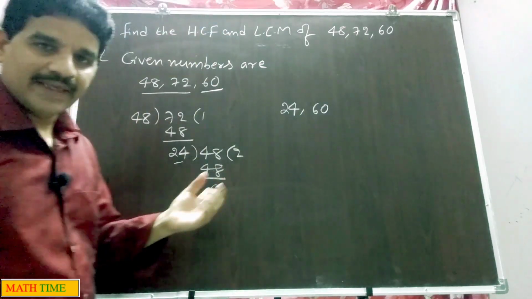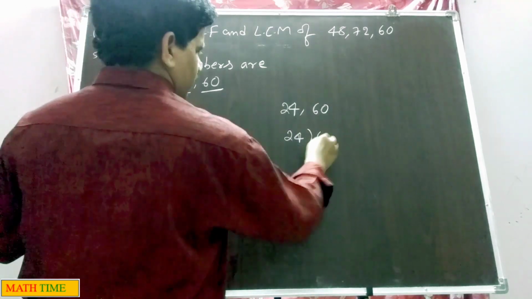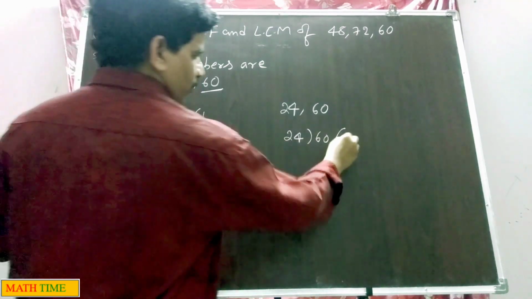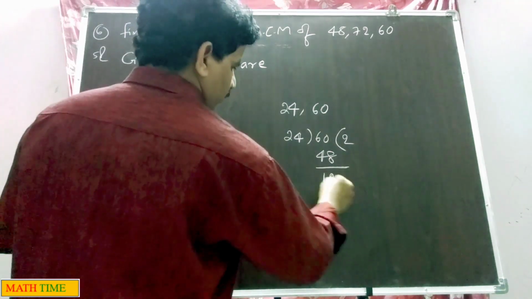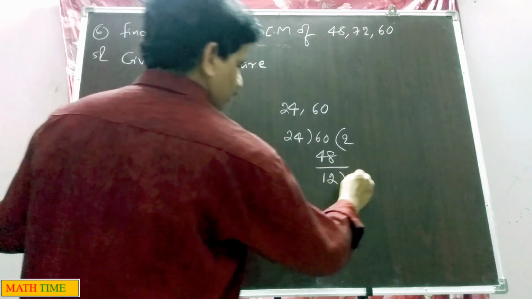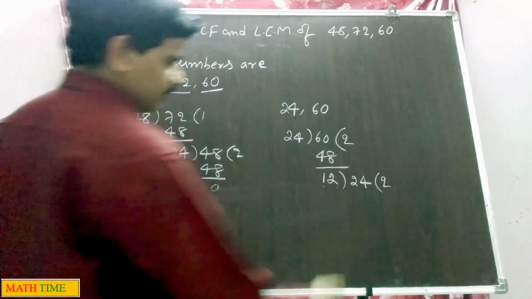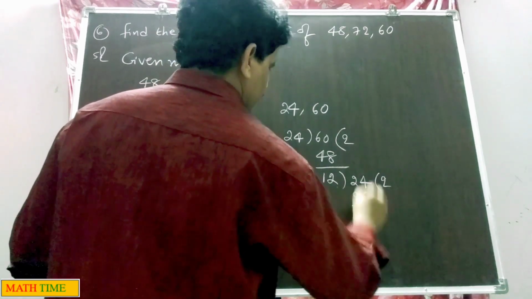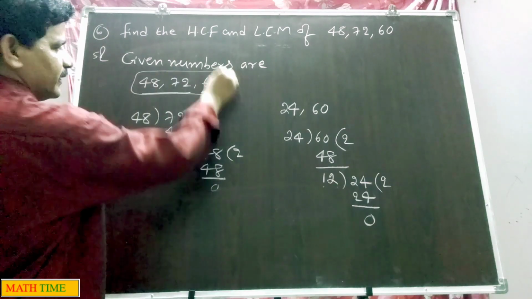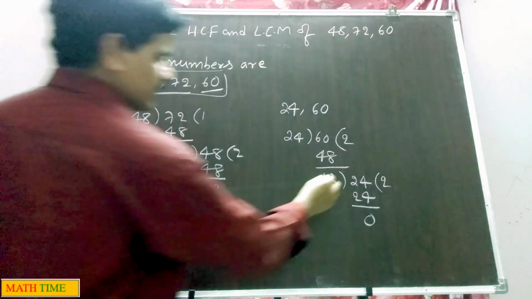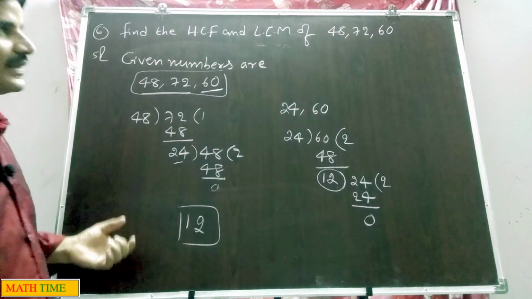So now we have to find the HCF of 24 and 60. 24 goes 2 times, 48. The remainder is 12. Again 12 should divide 24. 12 goes 2 times, 2 into 12 is 24. The remainder is 0. So finally, the HCF of the given three numbers is 12. 12 is our answer.